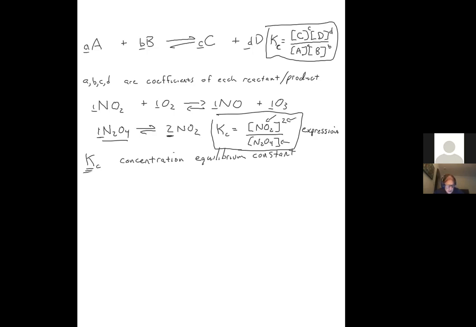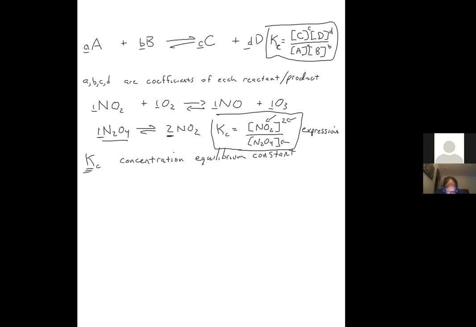Meaning, if I put in a certain amount of N2O4 and no NO2, give it enough time, the ratio of NO2 squared to N2O4 will be some value. If I put in all NO2, give it enough time, at some point it will reach that same ratio, the same number it was in the first case. Doesn't matter what amounts of each reactant and product we put in, eventually it will reach that level of what we call chemical equilibrium. Okay.